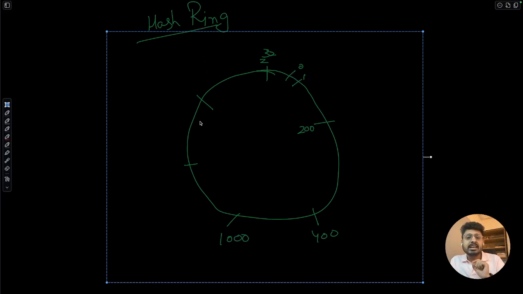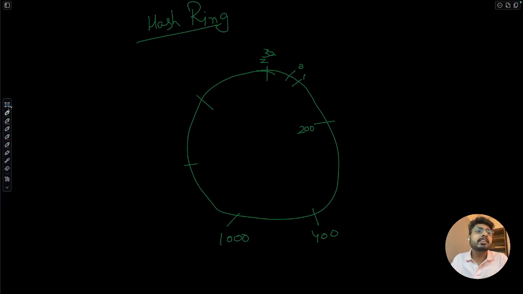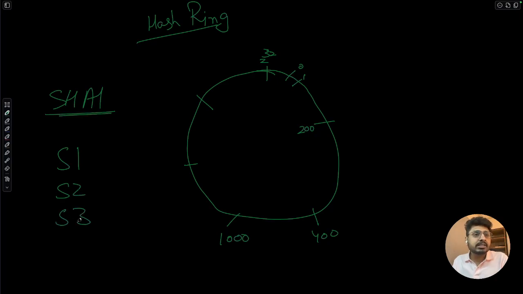For example, let's say I want to use SHA-1. And now you will have to pass the server identifiers of all the servers that you have to serve your distributed cache. For example, let's say you have servers with identifiers S1, S2, and S3. You would pass these identifiers to the hash function and get the hash value out.